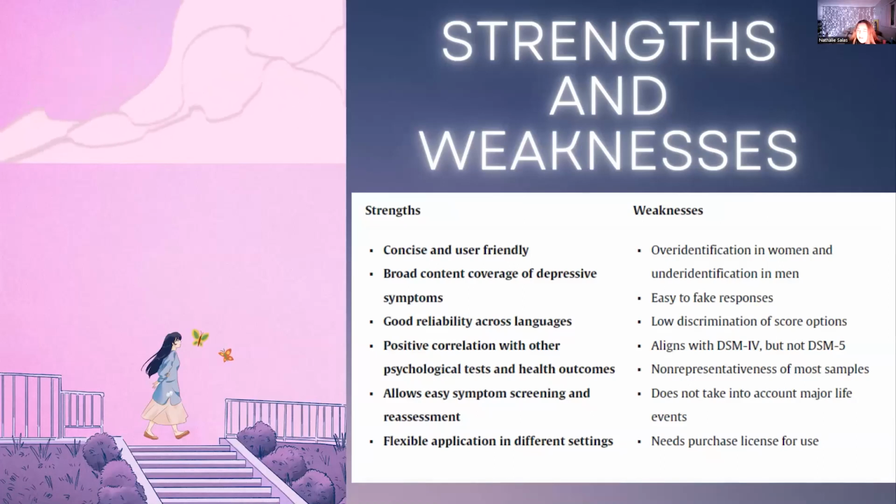And then the weakness is that it's easy to fake responses because of the very clear and direct wording. The measure is very clear as to what it's measuring. So if the client or patient doesn't wish to be forthcoming about how they're feeling, they could easily mark themselves as lower or higher on the scale.